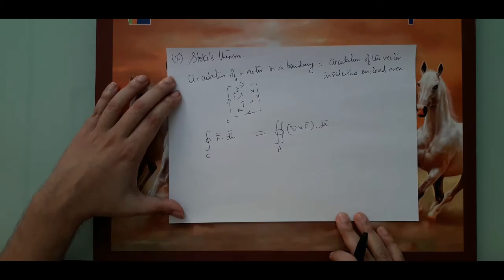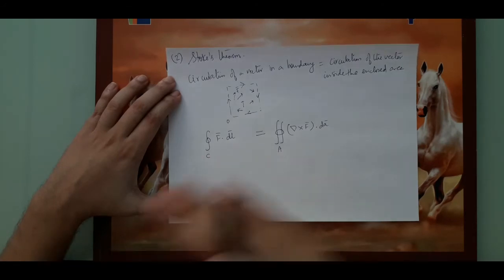Now, since the curl of the vector indicates its rotational nature, immediately in terms of electric or magnetic fields, I think of magnetic fields which are generated around a current carrying conductor.